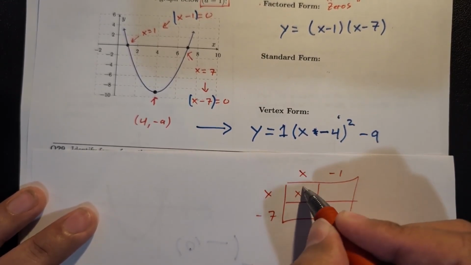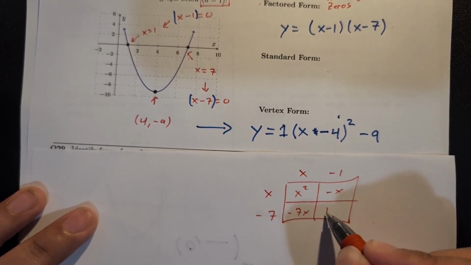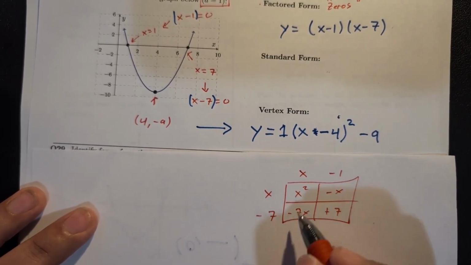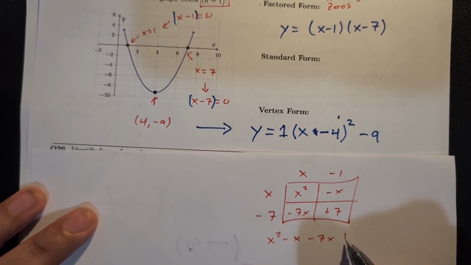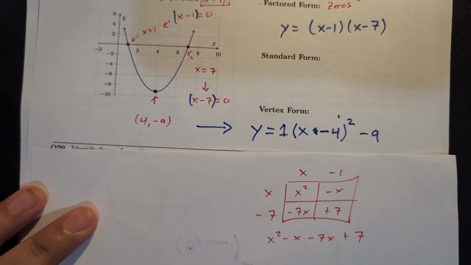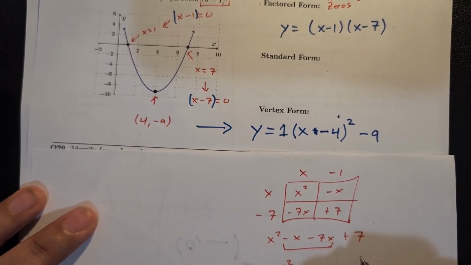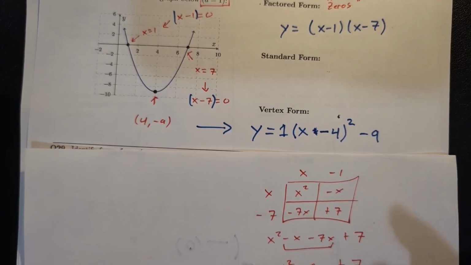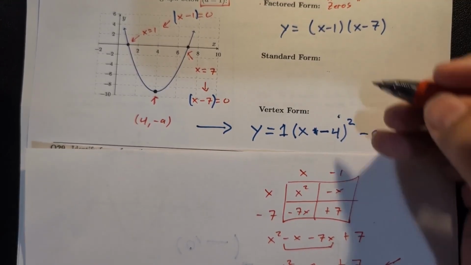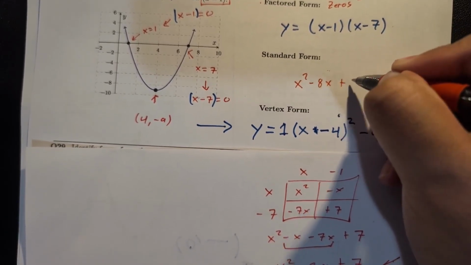Multiply this out, I get x squared, negative x, negative 7x, positive 7. So I have x squared minus x minus 7x plus 7 at the very end. Combine like terms, I get x squared minus 8x plus 7. That's my standard form.